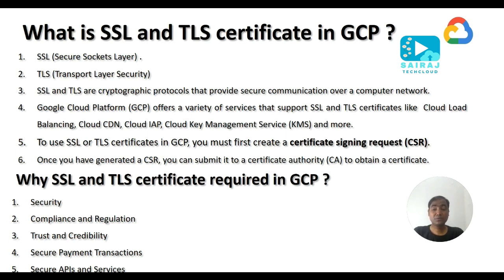There are a number of commercial CAs that offer SSL and TLS certificate as well as a number of free and open source CAs. Once you have obtained a certificate, you can import it into the GCP and configure it for use with your desired services. For example, you can import a certificate into cloud load balancing to enable SSL termination. Guys, we'll discuss more details about CSR and CA in the next slide.